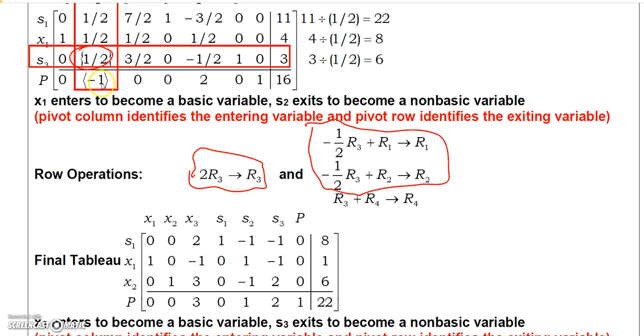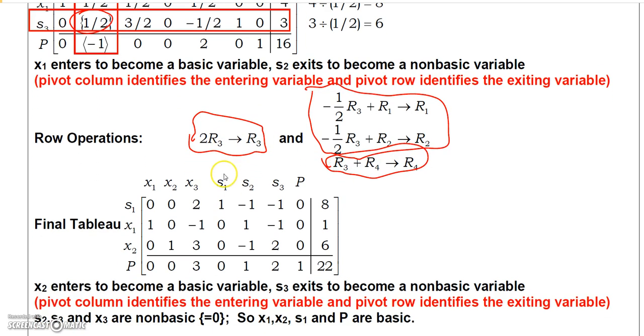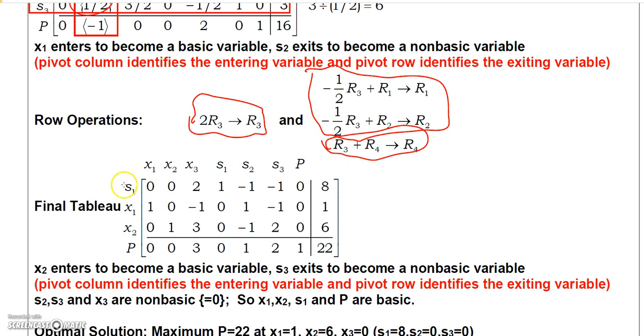And then to get rid of the negative 1, you can just take row 3 and add it to row 4, and that will cancel the negative 1. And now notice here that when we finish this problem, I don't see any negatives on the bottom row. And let's identify our basic variables.